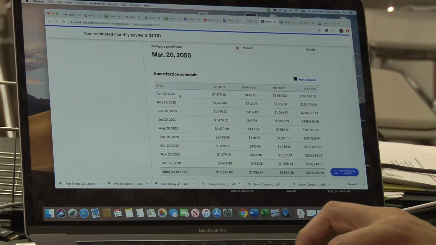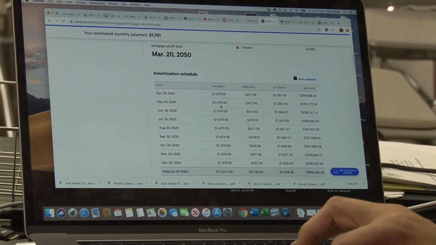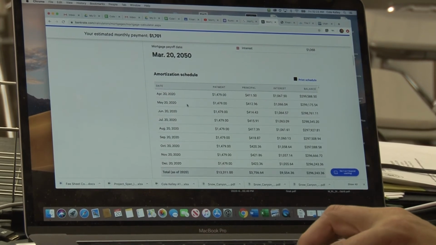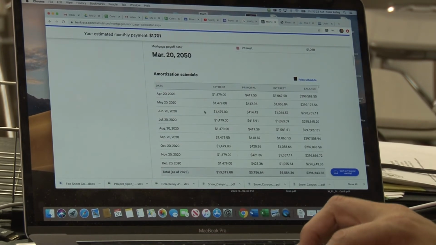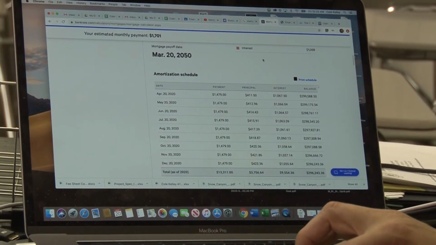In the early years of a mortgage loan, because you've spread it out over 30 years, because it takes so long, a big chunk of that payment is going towards interest, so you're not paying down a lot of the principal. And so that's something to keep in mind. If you were to make bigger payments, obviously more of the money would be going to the principal. But this is taking it month by month, and you can see there that amortization schedule.